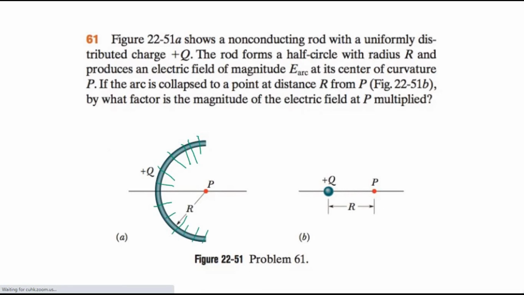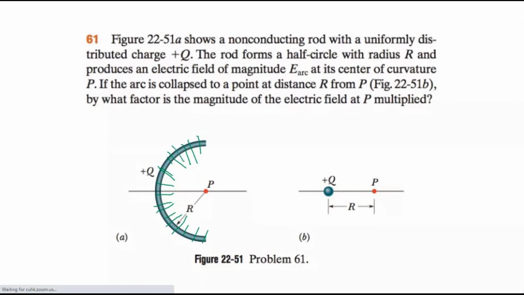But the question is, do we still need to cut that into many dx, right? If you cut into many dx, then you should calculate how much charge, and what is the angle on that, right? So this is actually a little bit complicated, but mathematically it is also simple.